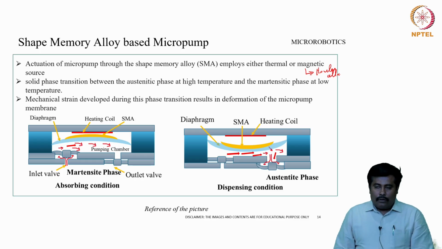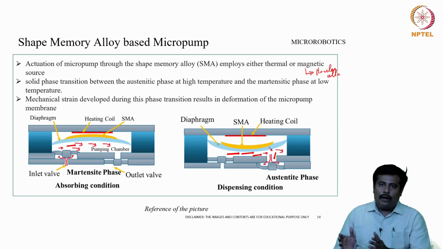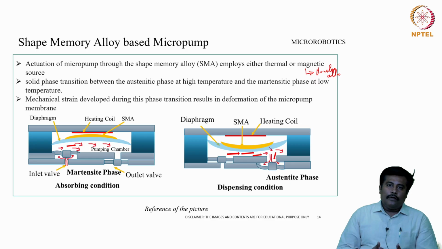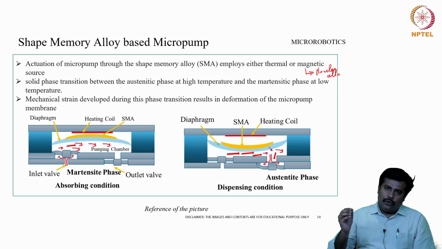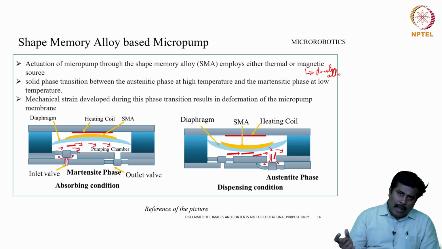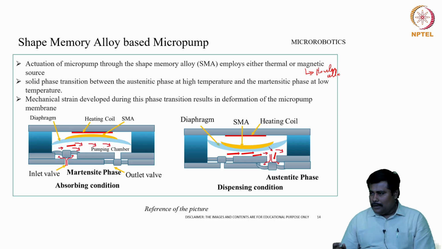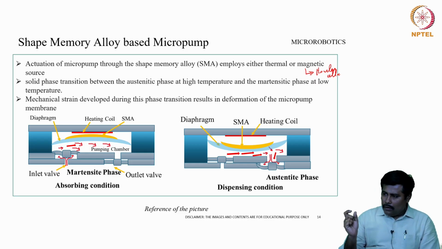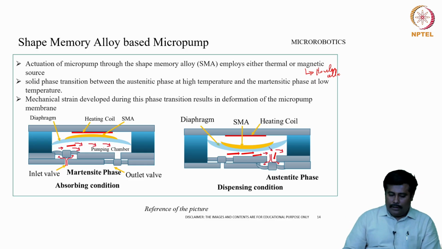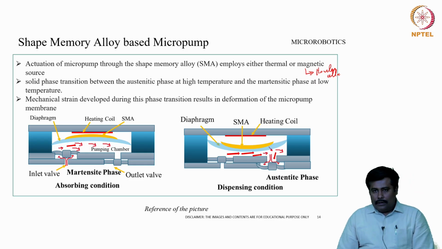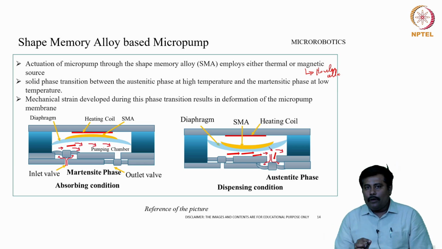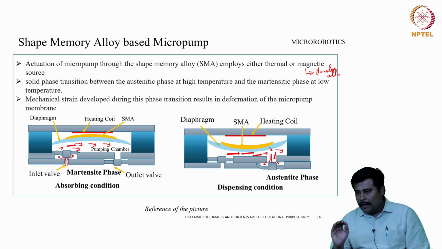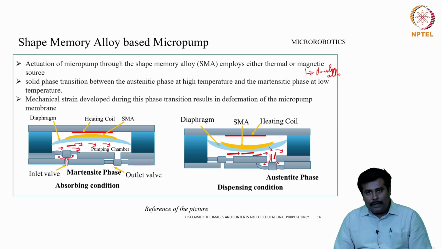When we closely observe or have control over this solid phase transition between the austenite phase and the martensite phase, it gives us the flexibility to have control over the actuation behavior in this particular process. That is, if we tune the temperature property of it, we can have control over the actuation behavior.